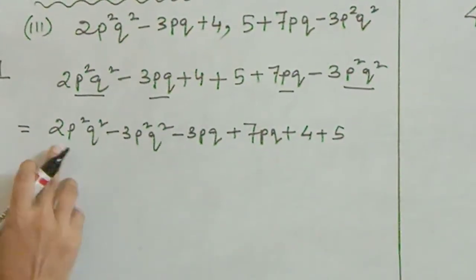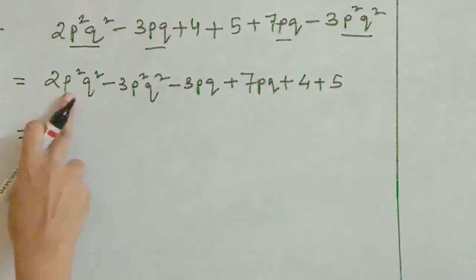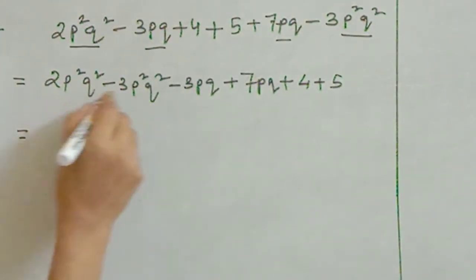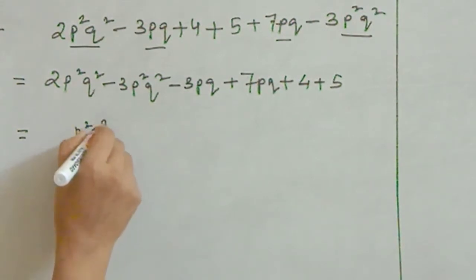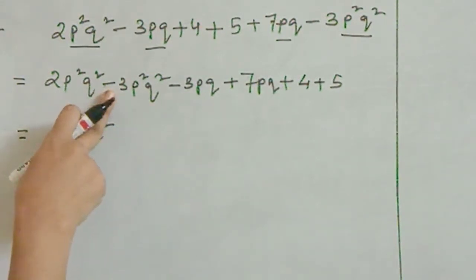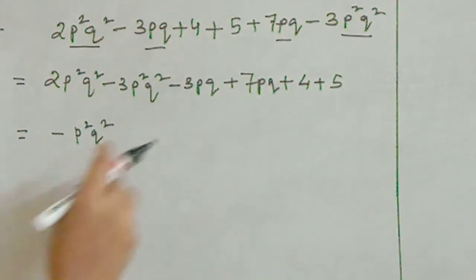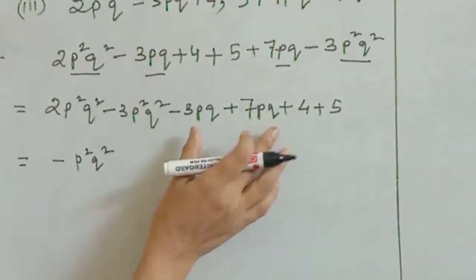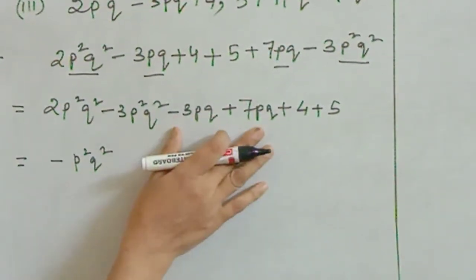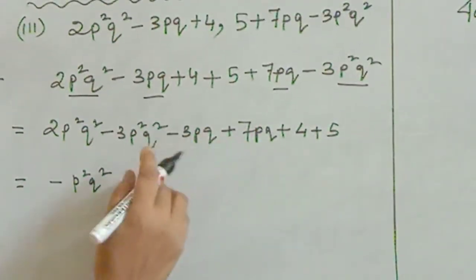Now what we can see here, 2p square q square minus 3p square q square. If you subtract, from 3, 2 is subtracted, so 1p square q square will be there. And because the minus sign is in front of 3, it will be minus p square q square. Then minus 3pq plus 7pq, different sign, you need to subtract.